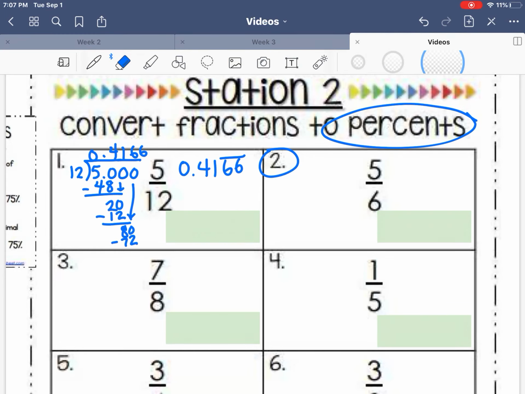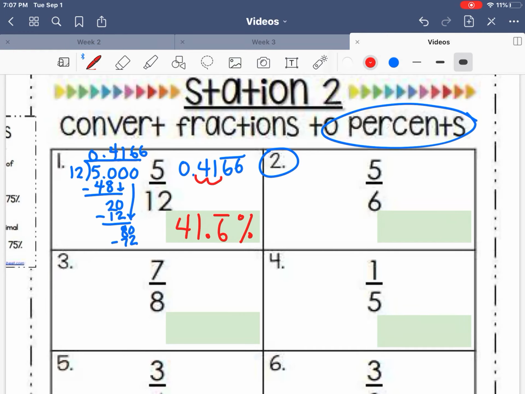Once you change the fraction to a decimal, then you change it to a percent by moving the decimal 2 places to the right. The answer to this problem is 41, decimal will go right here, and 6/10 repeating percent. All right, so you can drop one of those 6s.